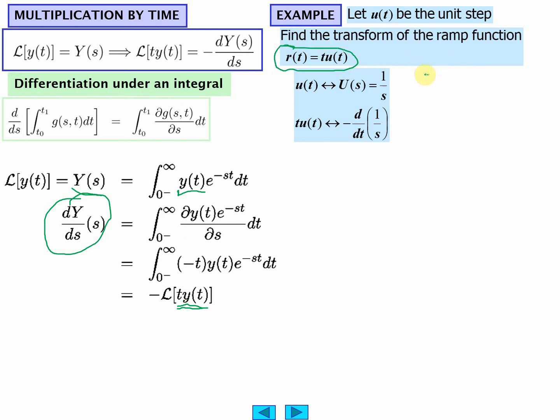So it's going to look like this. The t u of t. Remember, u is a step function, just steps. Well, this one is a ramp. And we can use the transform of the step function is this. So the transform of the ramp is given by the derivative with respect to time of that.